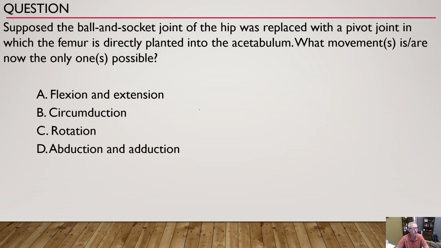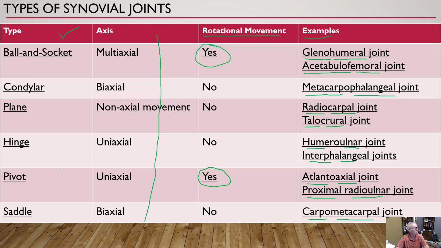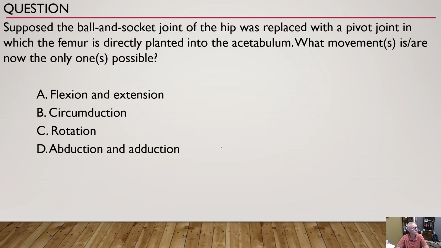So now we have to go back to our chart to see what a pivot joint can do. A pivot joint is uniaxial and it can only provide rotation. So rotation is going to be our answer.